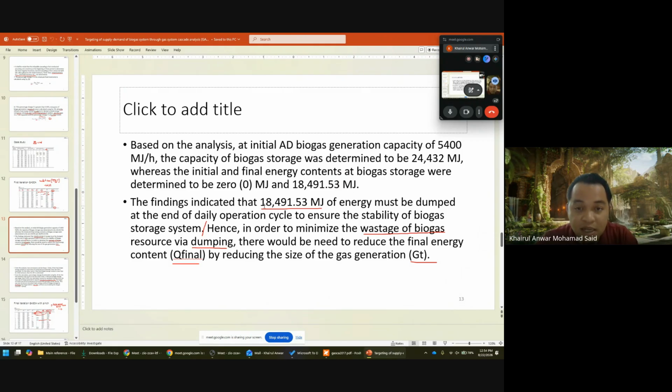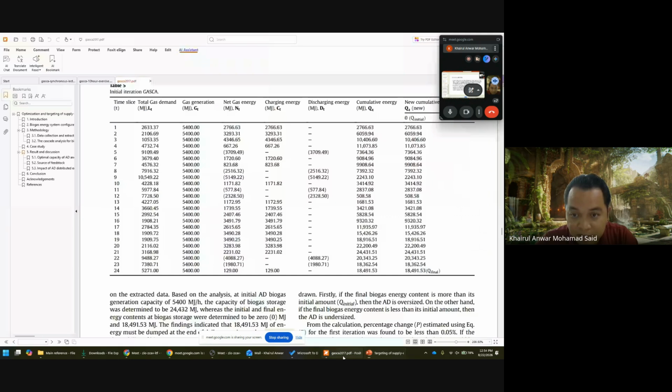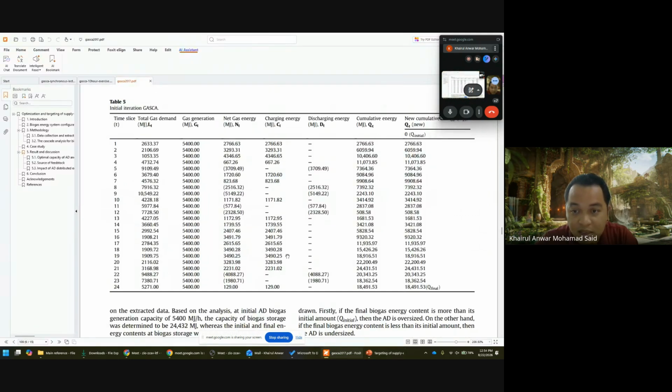So this finding is based on this data: initial 0, final 18,000, so maximum 24,000. That one is the capacity of the biogas storage.